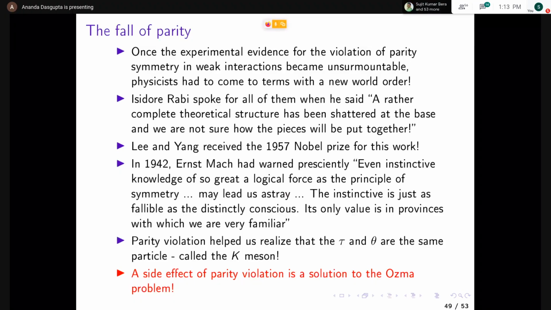There is a sidelight to this, which is there is a slight catch, and the catch goes this way. We don't know whether the alien is made of particles, matter, right? The alien could have been made of antimatter. And the antimatter cobalt 60 would behave oppositely to matter cobalt 60.